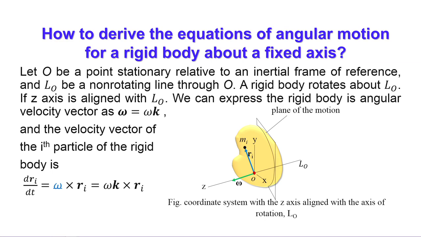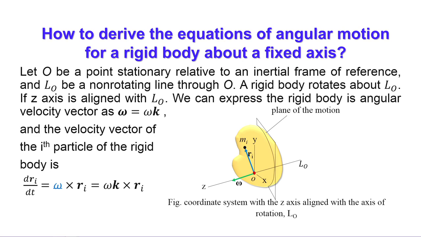The rigid body is rotating about the z axis, so its angular velocity vector is omega k, where k is the unit vector in the z direction, and the velocity of the ith particle equals dr_i/dt equals omega cross r_i.